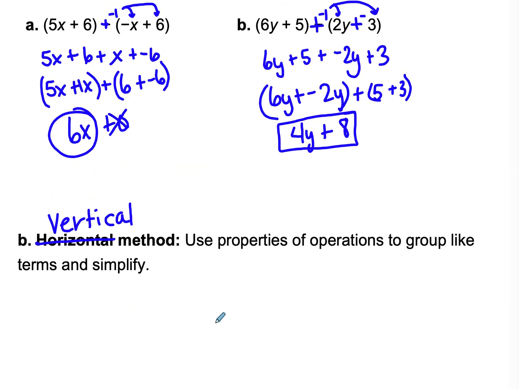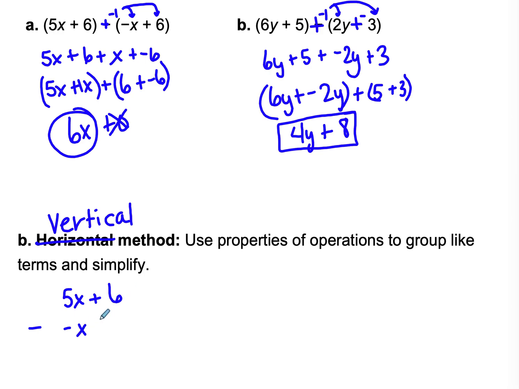Vertical for subtraction problems looks a lot like when we lined up our decimal problems, where you have multiple digits that you're adding or subtracting. 5x plus 6. And then this was originally minus. And then we are subtracting each thing. So we're subtracting -x.